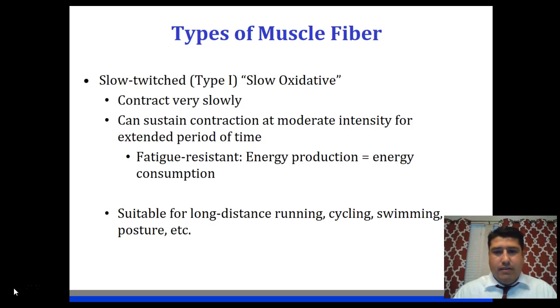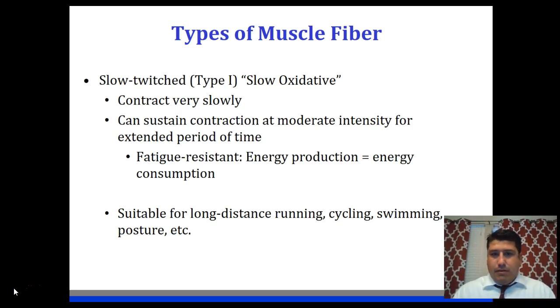long distance events at a much more proficient level than those who have a low percentage of slow twitch muscle fiber. So you look at your world-class marathon runners, the guys that can run 26 miles in an hour and a half. They typically have either all or a high percentage of slow twitch muscle fibers.